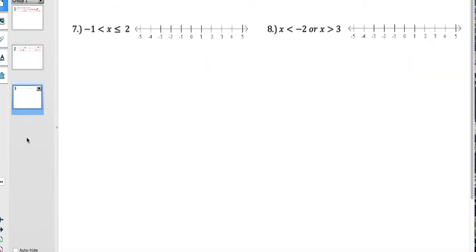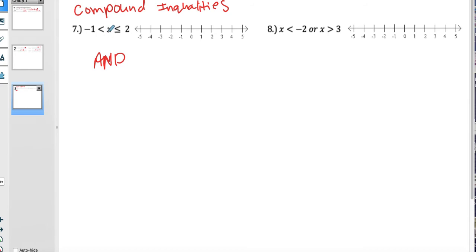On example 7 and 8, these are called compound inequalities, because there is more than one constraint, okay? So this is saying that -1 is less than x is less than or equal to 2. So this is an AND situation on example 7.